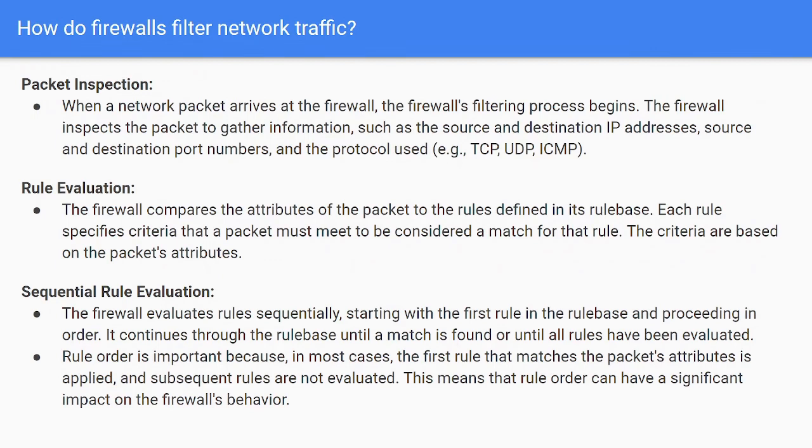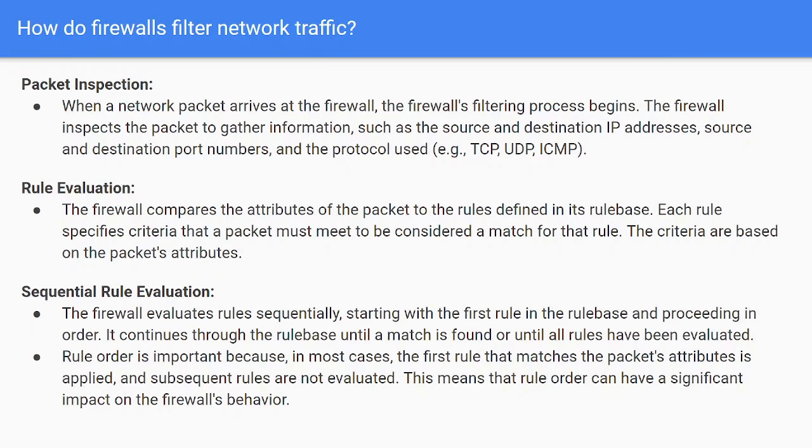Number one, the first step is packet inspection. When a network packet arrives at the firewall, the filtering process begins. The firewall inspects the packets to gather information such as source and destination IP address, source and destination port number, and protocol.